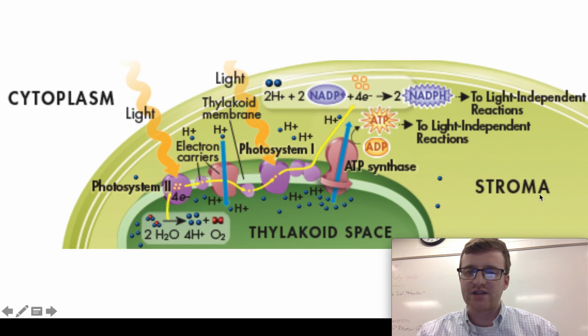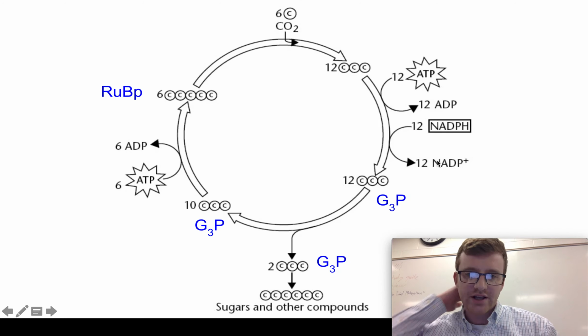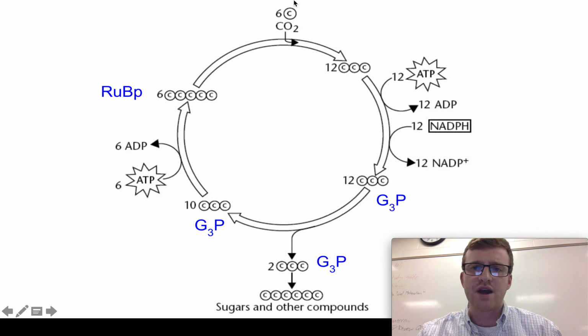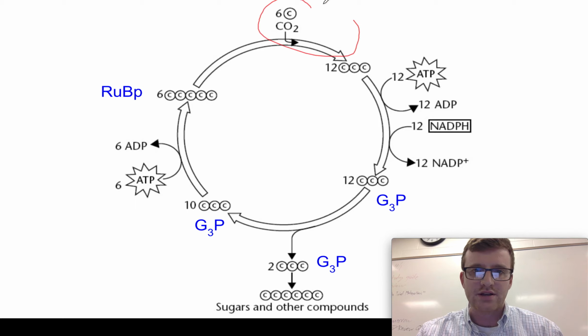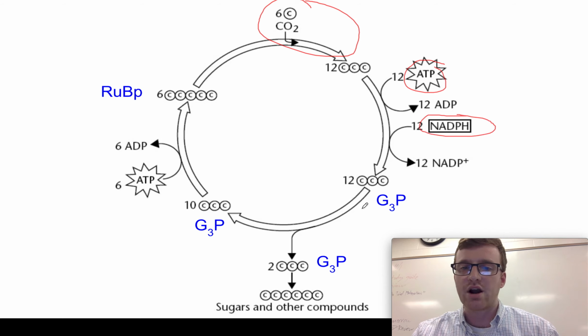Next, we have the Calvin cycle. That's going to happen over here in the stroma. So what you have here is CO2 entering, and CO2 is going to add a carbon to each one of these 5-carbon molecules to form 6 3-carbon molecules. The important steps here are that ATP and NADPH are going to energize these 3-carbon molecules.